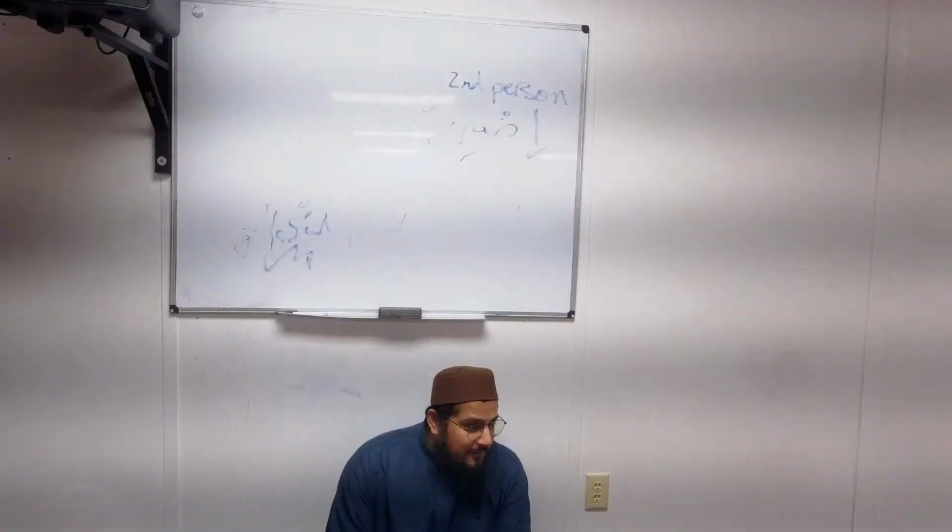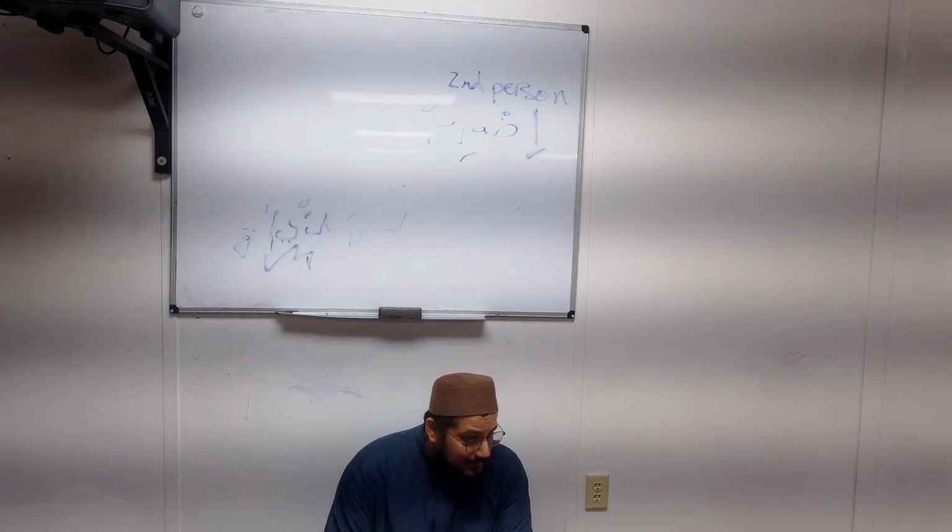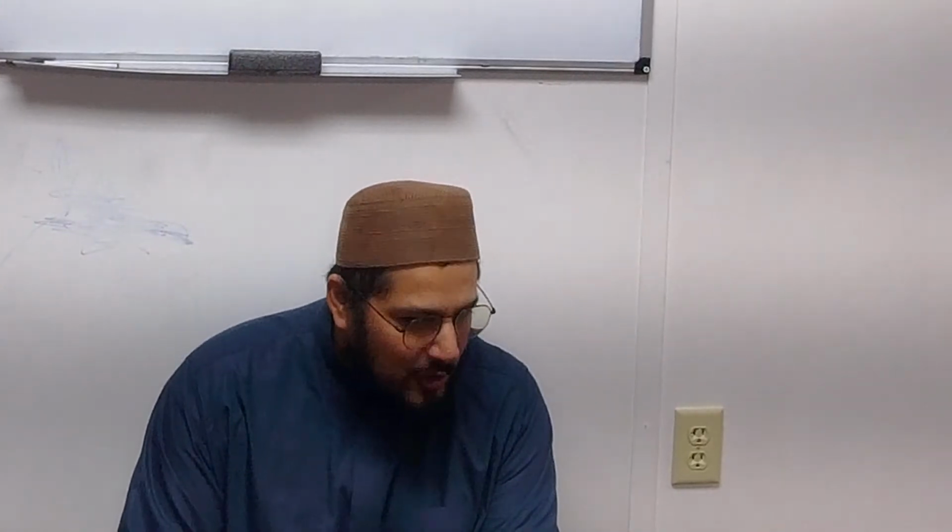And if we look at the raf'at state on line number 3, Muslimun, what is the dual in the raf'at state? Muslimani. What is the plural? Muslimuna. You all understand how the chart is explaining what I just explained?